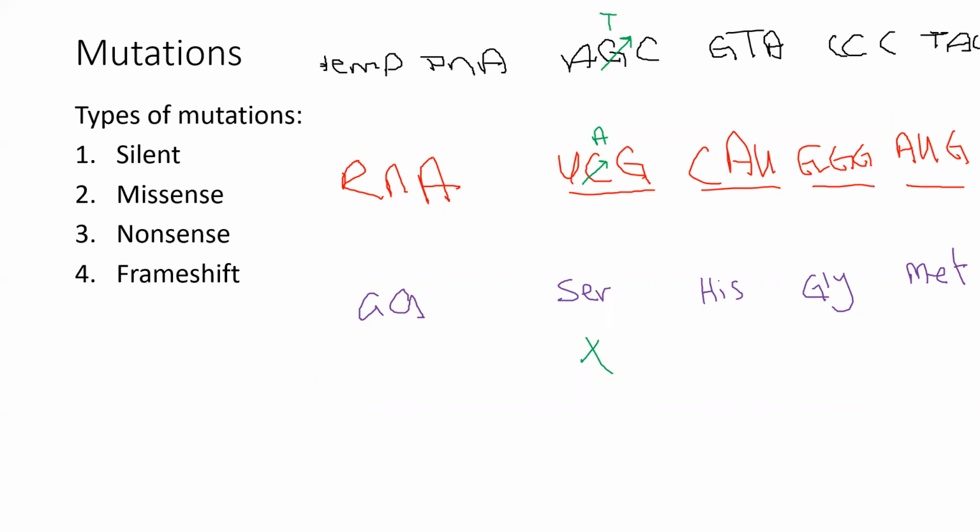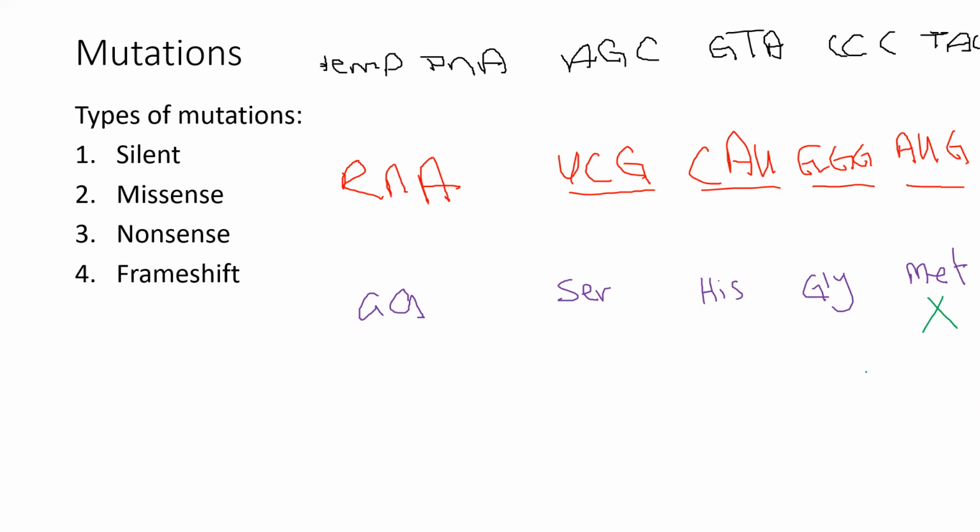But what you do need to know is that most proteins are a minimum of 500 amino acids. In this example I don't think there's any other way I can make a stop codon, but let's pretend. Maybe somewhere down the line, I'm just going to use methionine as an example, if the stop codon was introduced here instead, the ribosome still would have added serine, histidine, glycine, but then it would be terminated.